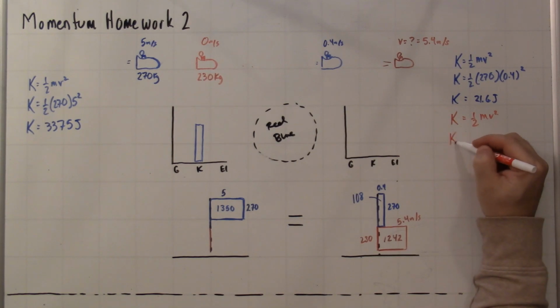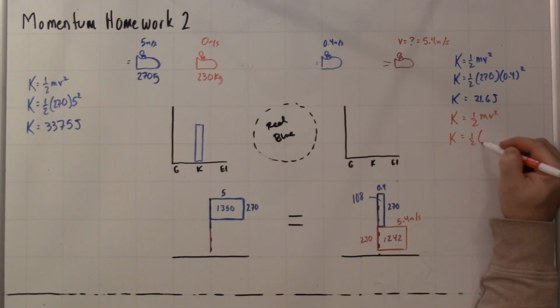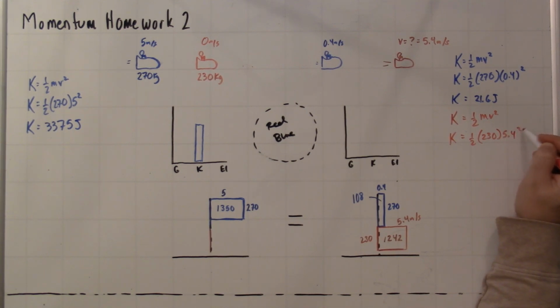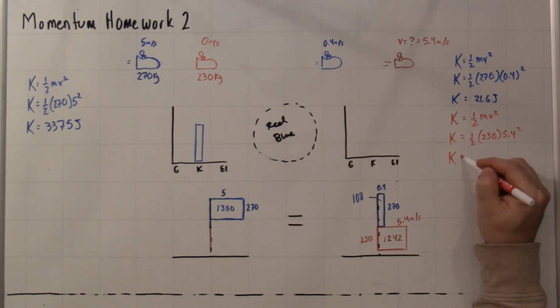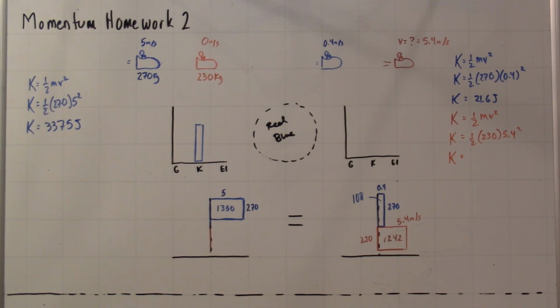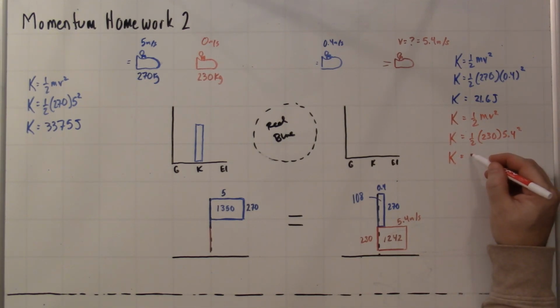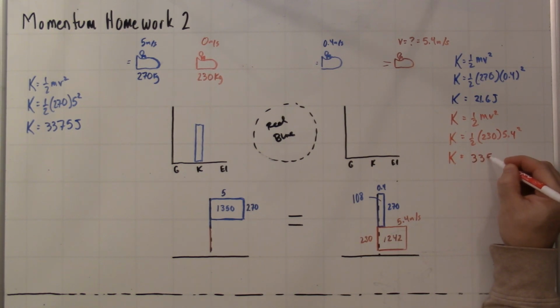For the red guy, his mass is 230 and his speed is 5.4 squared. So this is 3,353.4.